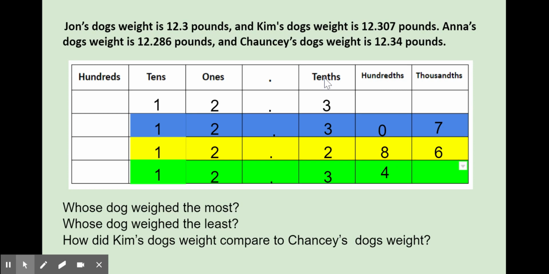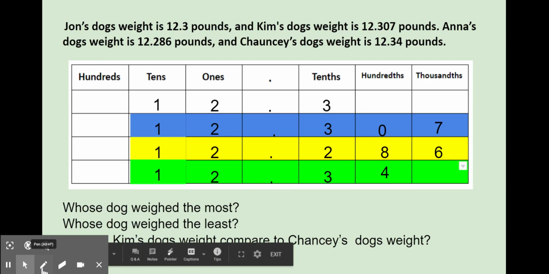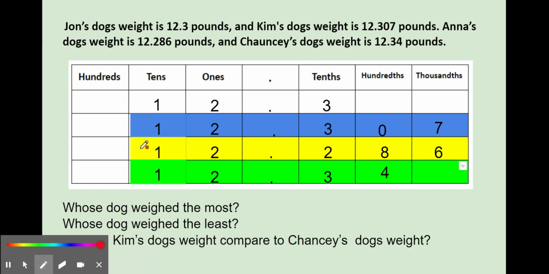Go to the tenths place, and I have 3 out of 4 numbers that are the same, and the other number is 2. And 2 is less than 3, so that makes 12 and 286 thousandths the smallest number out of our list. So this number right here is the least.